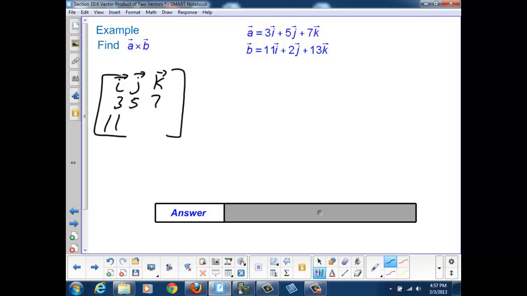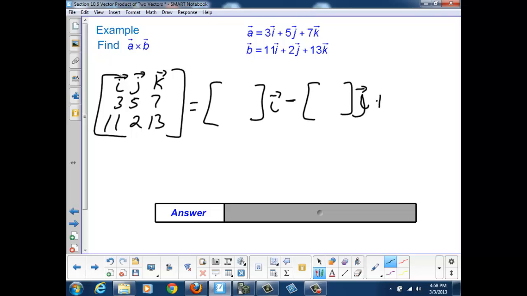And B being 11, 2, and 13. So that's going to create my set of 2 by 2 matrices for i and j. Now remember that for j, there's a minus sign in front of the j matrix and a plus sign in front of the k matrix.